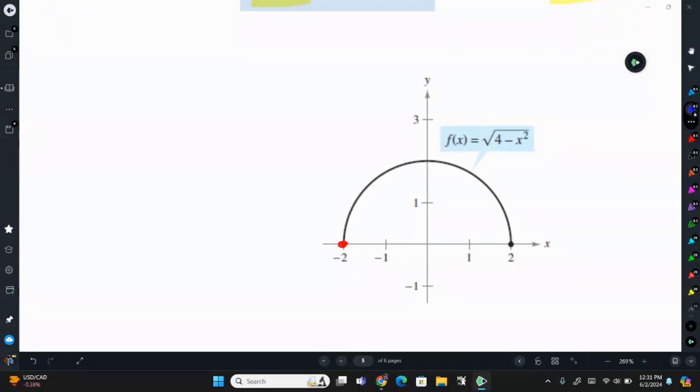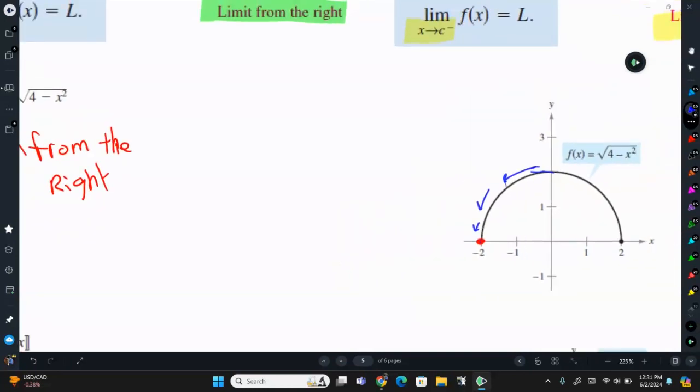It doesn't matter where on the right we start. We're just following the graph this way, and then as soon as we get to -2, the y value that we are getting close to is 0. So the limit from the right is equal to 0.